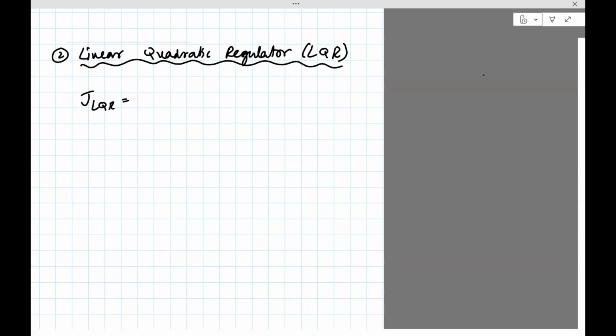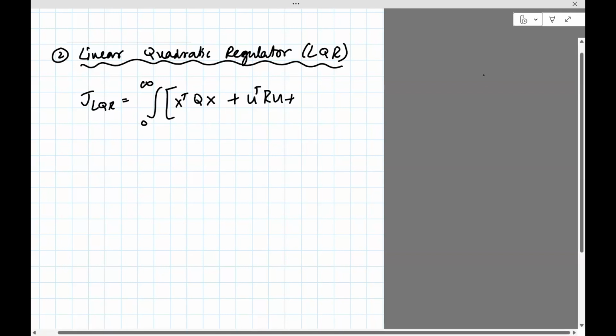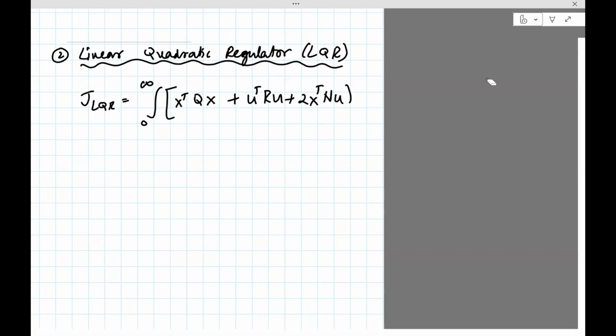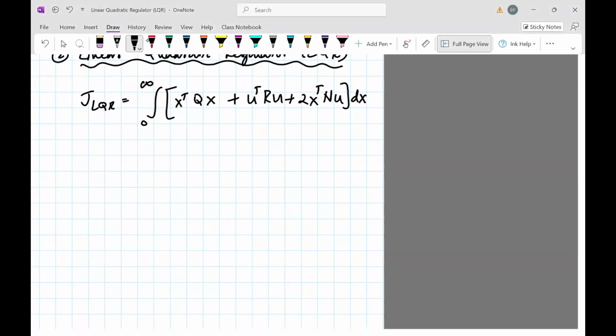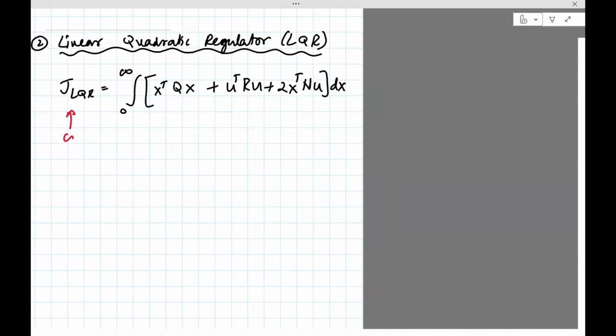J is the cost. We've talked about optimization a little bit before. This optimization is X transpose QX plus U transpose RU plus 2X transpose NU dt. This is the cost.